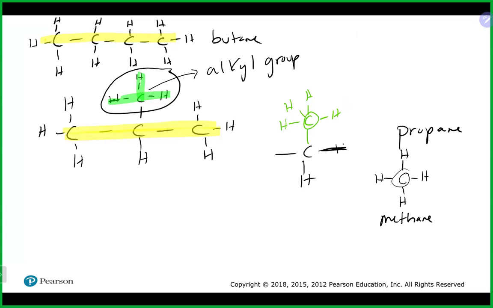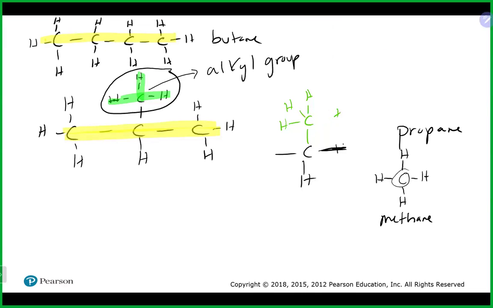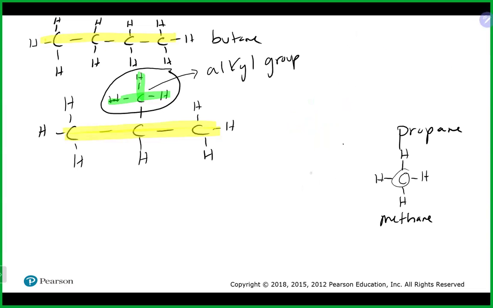So what these groups, or these alkyl groups, are, they are basically your alkanes, but they are missing a hydrogen. And by missing a hydrogen, that allows them to be able to connect in and not have too many bonds. So that is methane. And what we have here is actually a carbon with only 3 hydrogens, and that is where it's going to be able to connect into the other carbon that's there.